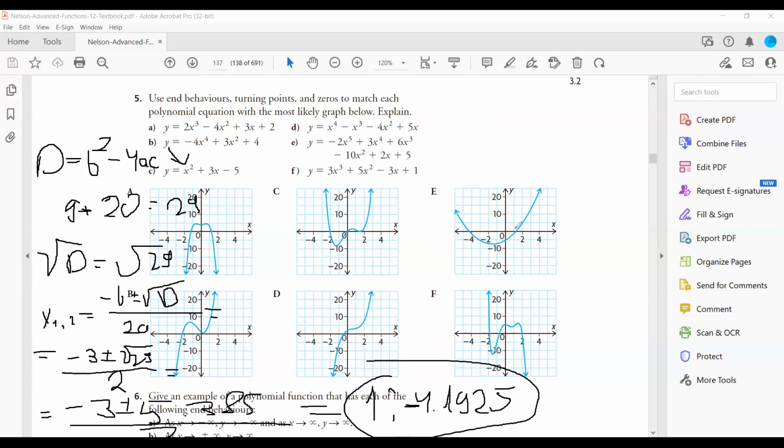And I can see that these zeros are present on graph E, here and here. So I would make a statement that C has graph E as the most probable graph. Do you agree with me?